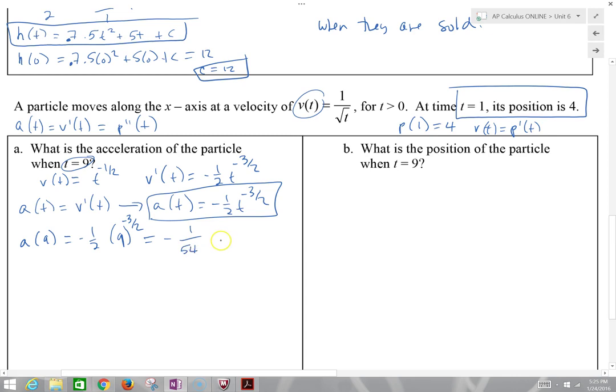And that is in, well, it doesn't give us any units. Alright, negative 1/54. Alright, so the next is, what is the position of the particle when t is equal to 9? Well, the position is going to be equal to the antiderivative of the velocity.